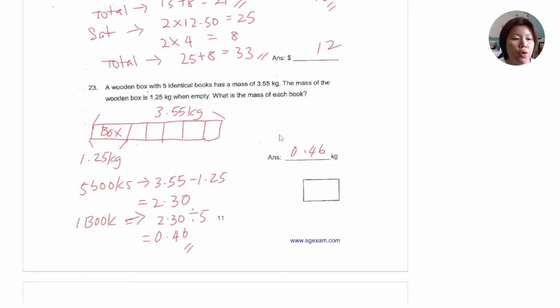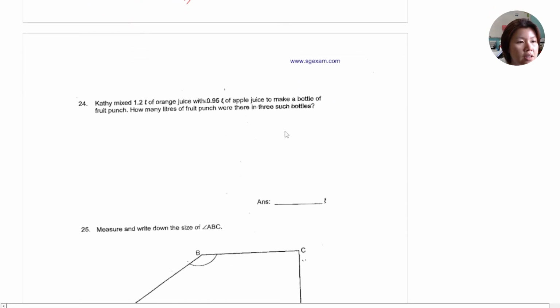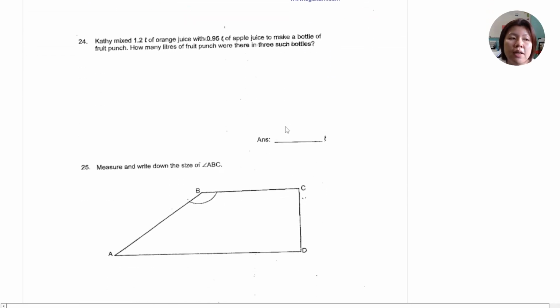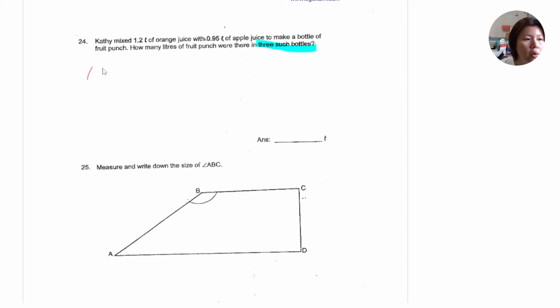Okay, let's move on. Next question. Katie mixes 1.2 liters of orange juice with 0.95 liter of apple juice to make a fruit punch. This is for a bottle, so they want 3 bottles. So let's find 1 bottle first.